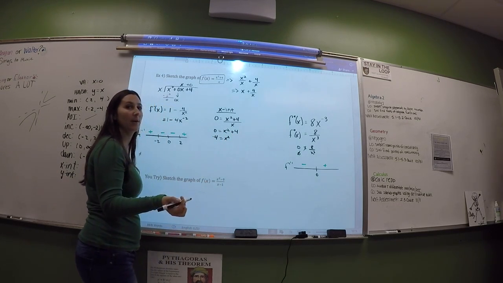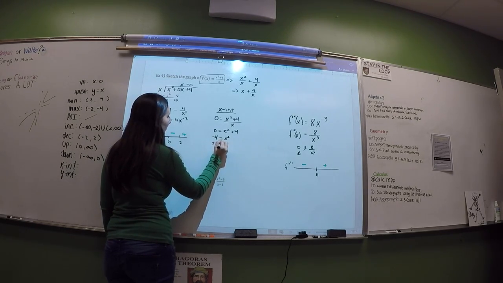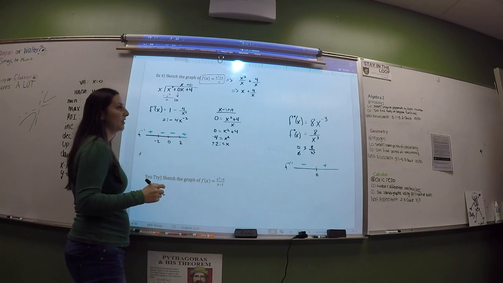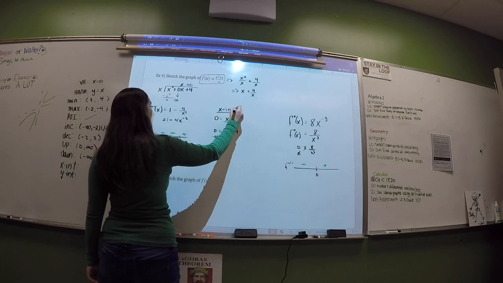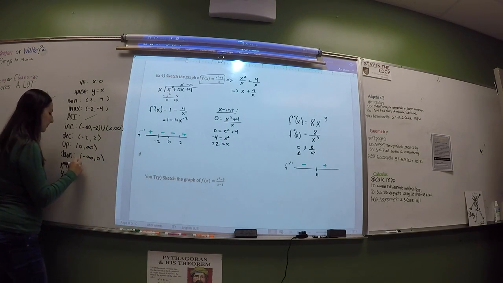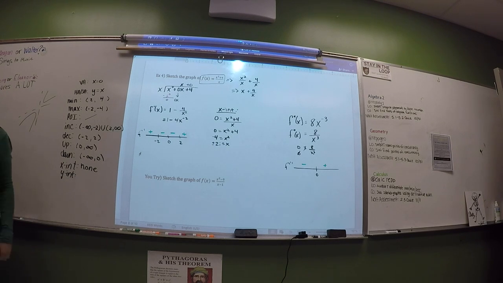What's the square root of -4? 2 or -2? There's no such thing. It's imaginary. Imaginary numbers are not on the coordinate plane, so you don't have any. It's plus or minus 2i, which is not a real number, so that means you're not going to see it on the graph. While it has solutions, they're not real solutions that you would see on a graph.